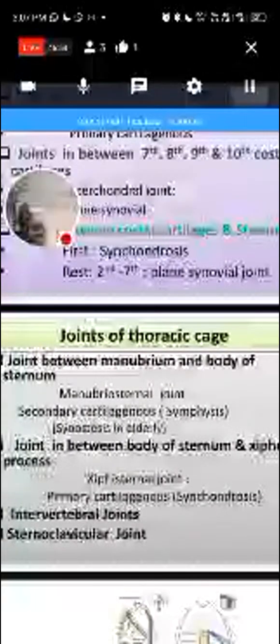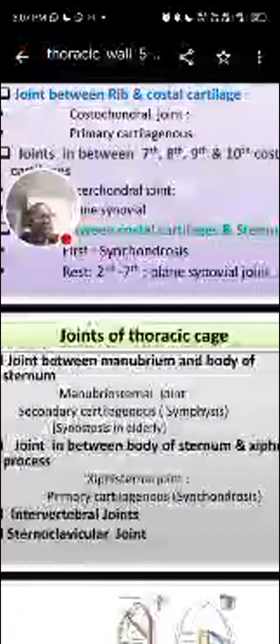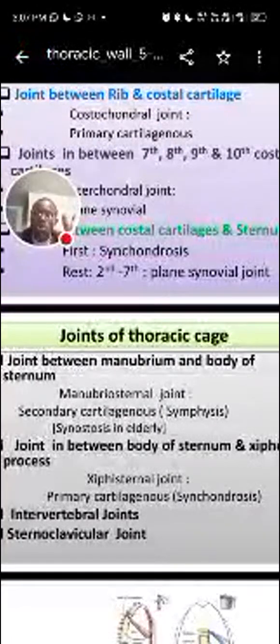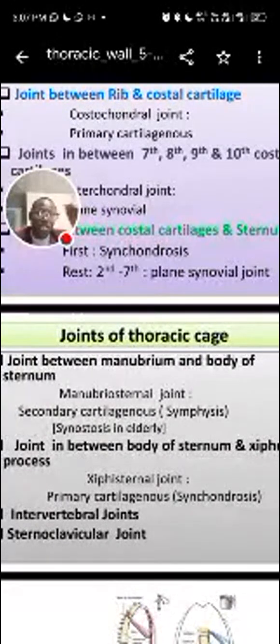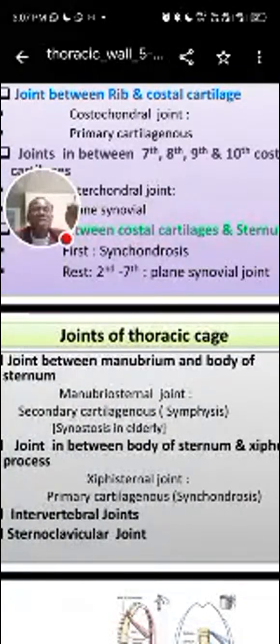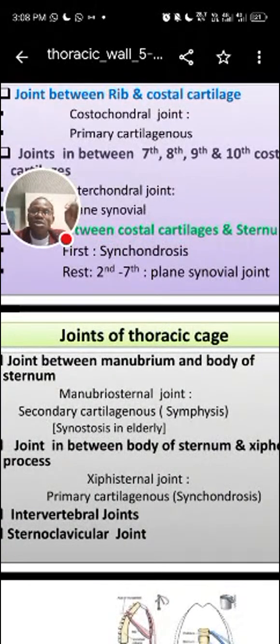Move on, because there's no time. Please let's pay attention. So you say costovertebral joint, take note of that, CV. Costotransverse joint, take note of that. Costochondral joint, take note of that. Interchondral joint. Then we talk about synchondrosis.